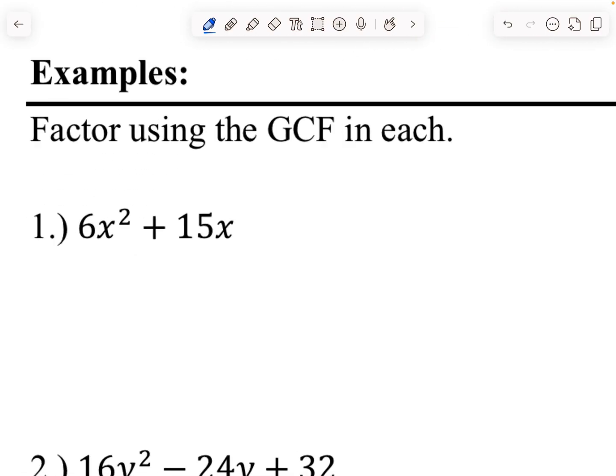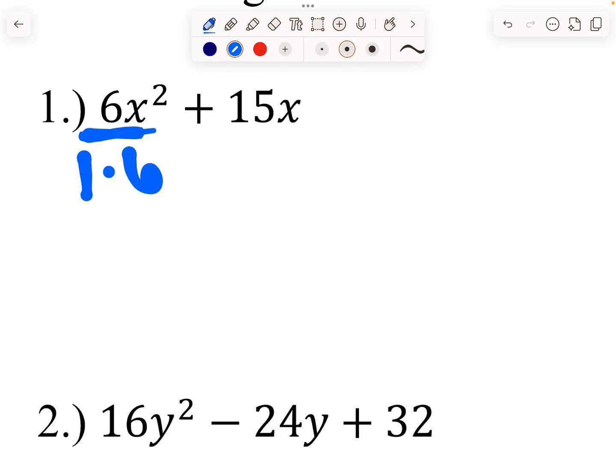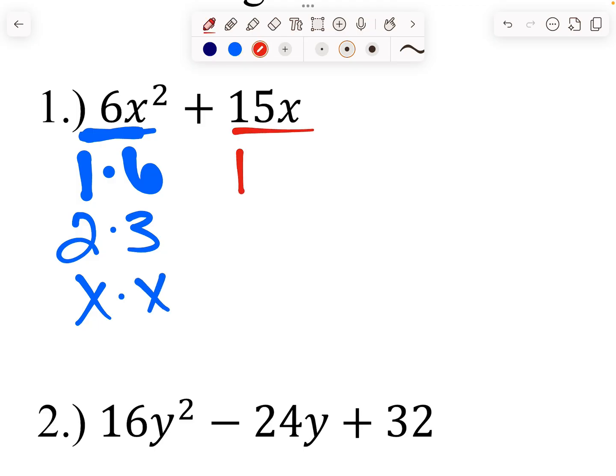So I'm going to start with number 1 like we did last week with making a list for those that like to do that. So for 6, we have 1 times 6, we have 2 times 3, and then x and x. For 15, we have 1 and 15, and 3 times 5, and then a single x.